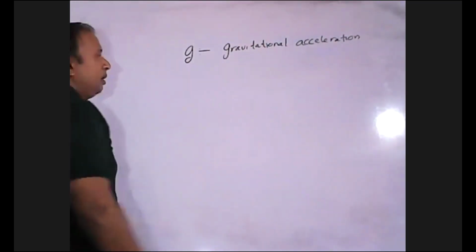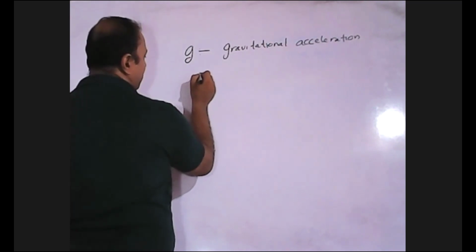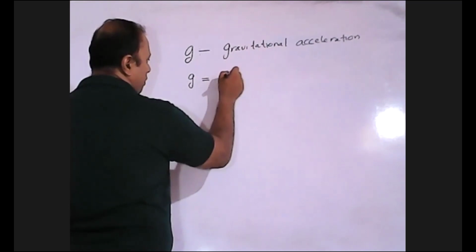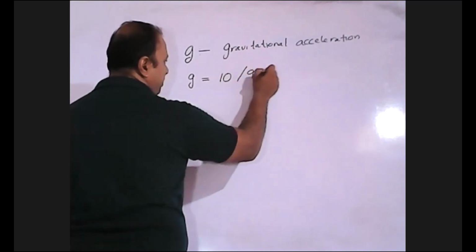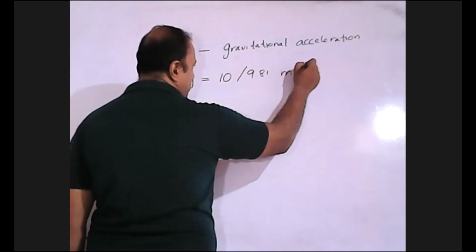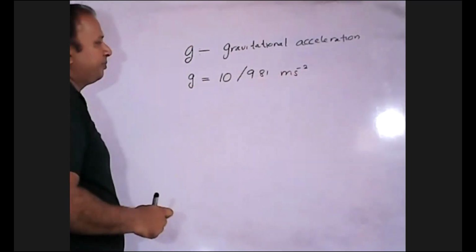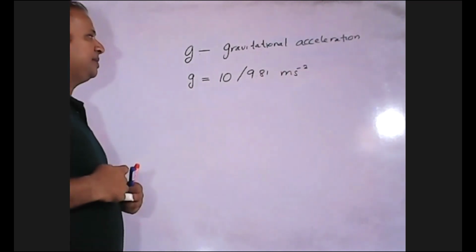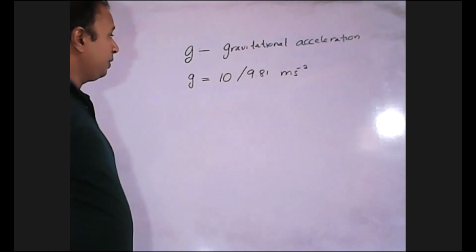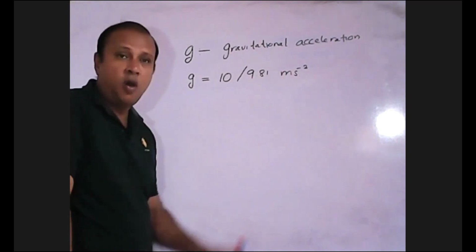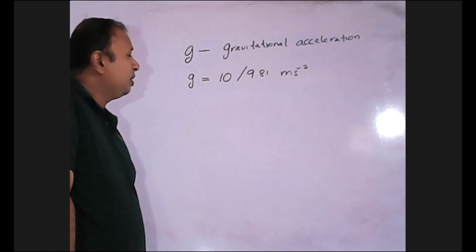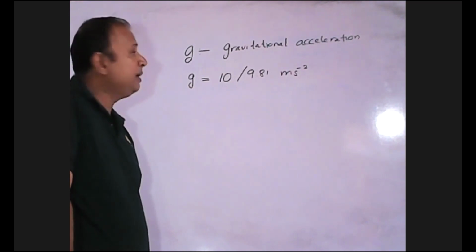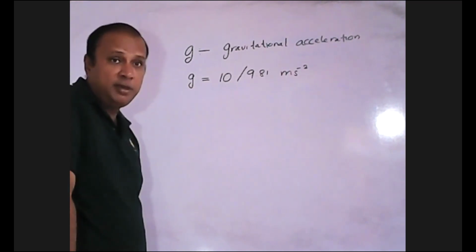Normally, the value of g is equal to 10 or 9.81 m s^-2. It is approximately equal to 9.81 m s^-2 on the surface. So normally for the calculations, we consider it as 10, but both can be considered.